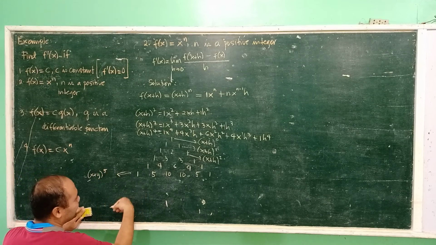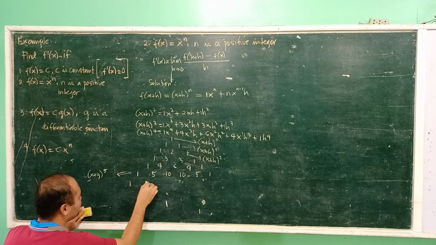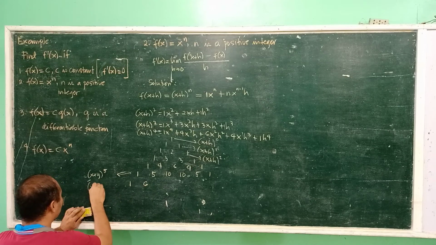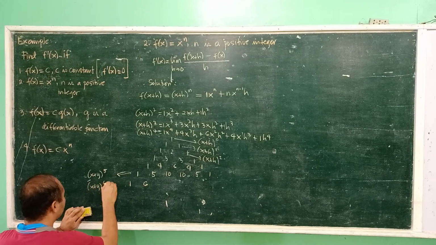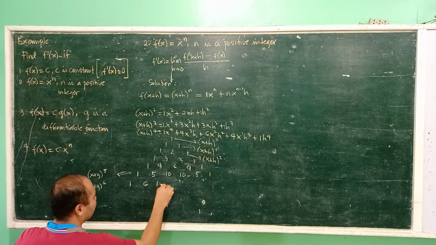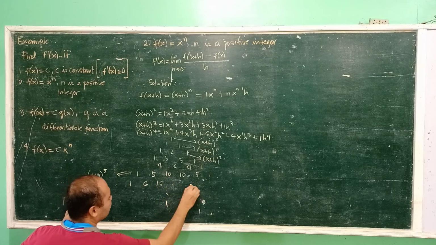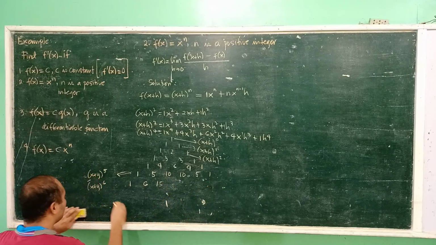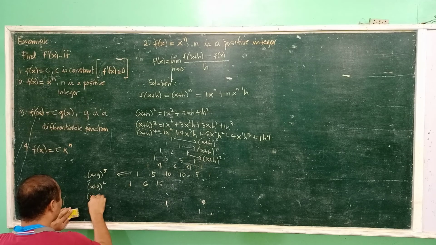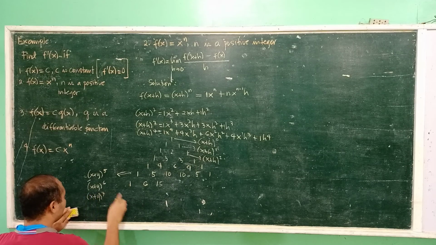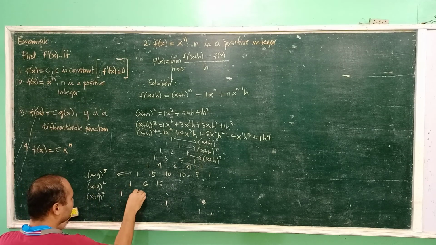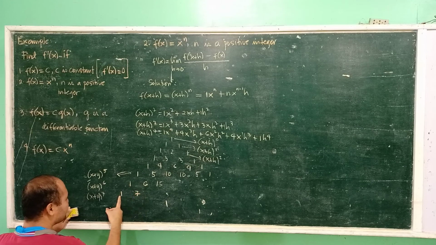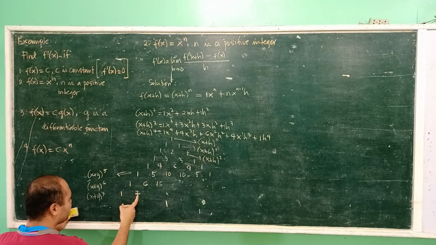And then what will be the next row? 1, 6. So that is x plus y to the 6th. So continue. 15. Okay, there's a number there. And then for x plus y to the 7th, 1 and 7. So in the expansion, 1 followed by 7.